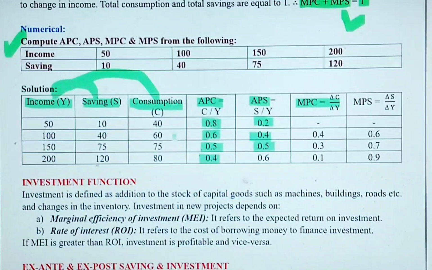That will give you delta C. And to calculate delta Y, 100 minus 50 is 50, 150 minus 100 is 50, and like that. When you divide that, you get MPC. And to calculate MPS, again we need to calculate delta S and delta Y. Divide that, and you get the answer. So this is the way.